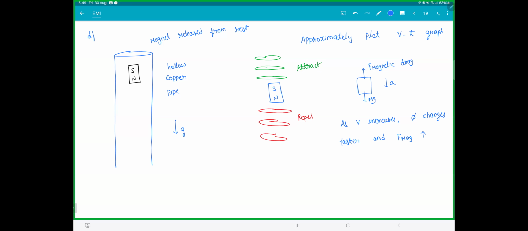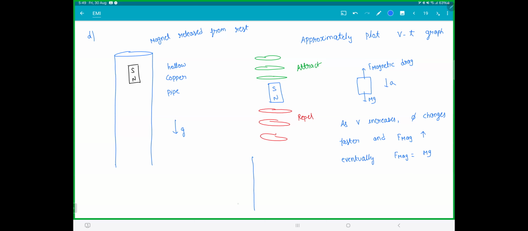I won't say it is proportional to v, but it does depend on velocity. The faster you go, the more you induce, and more repulsion or attraction you get. Eventually it will reach a terminal velocity, when F magnetic becomes equal to mg.